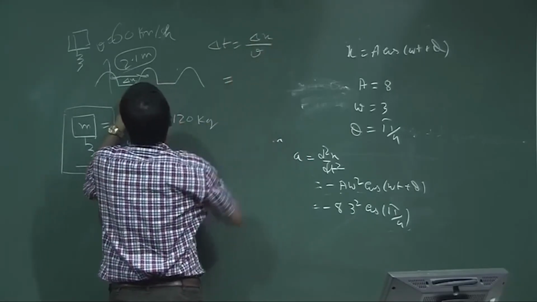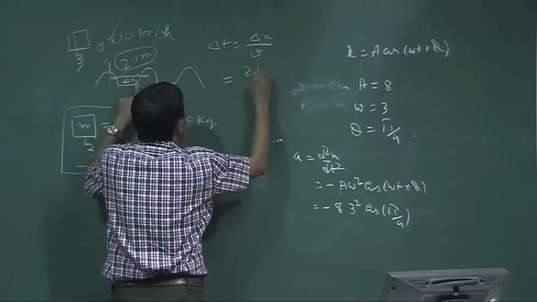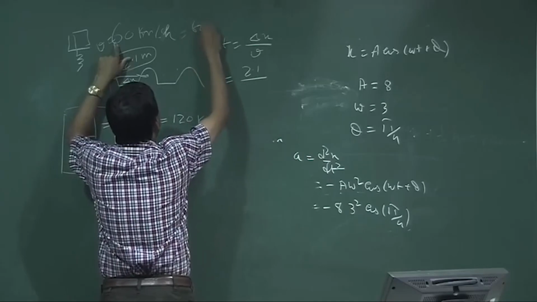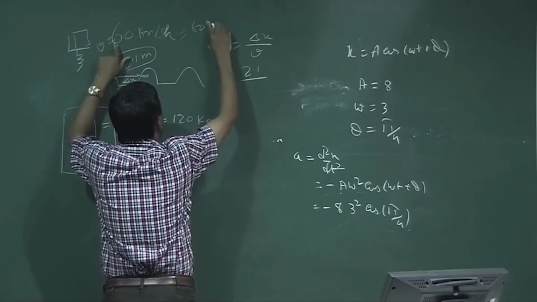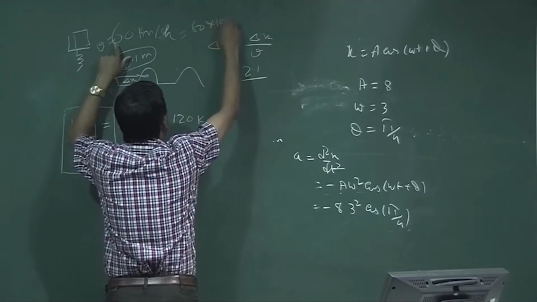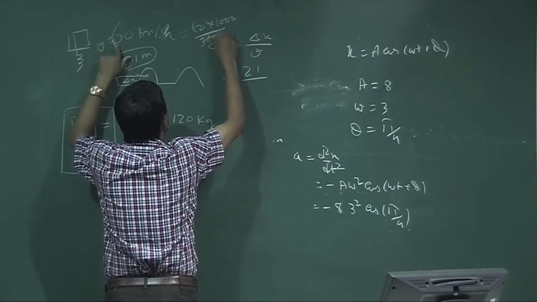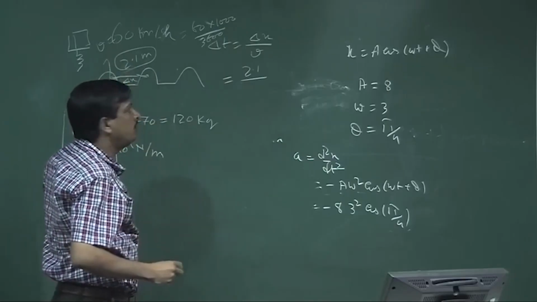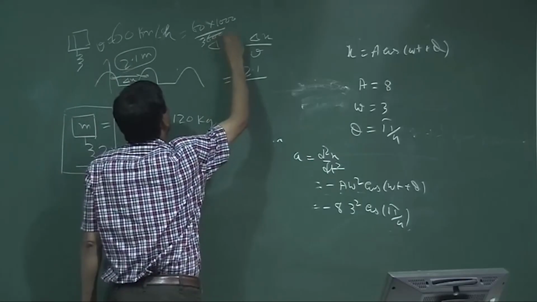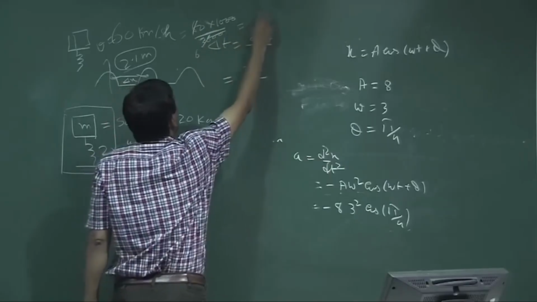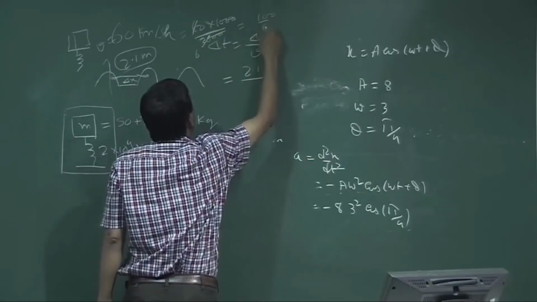What is del x? 2.1 meter. What is v? 60 kilometer per hour. If I want to convert it to meter per second, 60 into 1000 divided by 3600. If I cut it, it is nothing but 100 by 6.